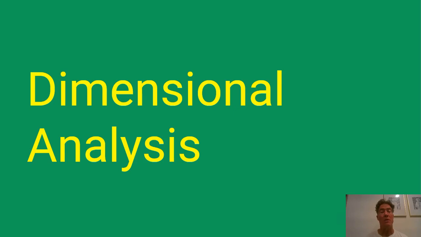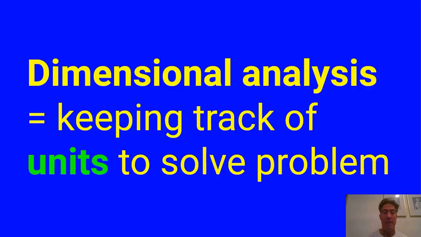You can solve the most detailed, complex word problems simply by keeping track of your units. And if you keep track of your units, what you're starting with, what you're trying to get to, and you cancel correctly, you cannot help but get to the right answer. Keeping track of your units will make sure you do your problems correctly.